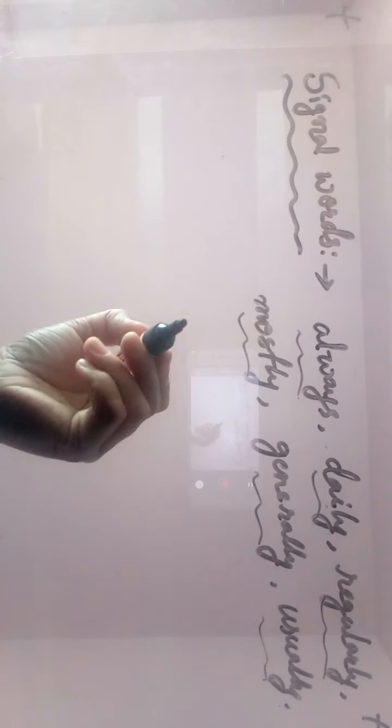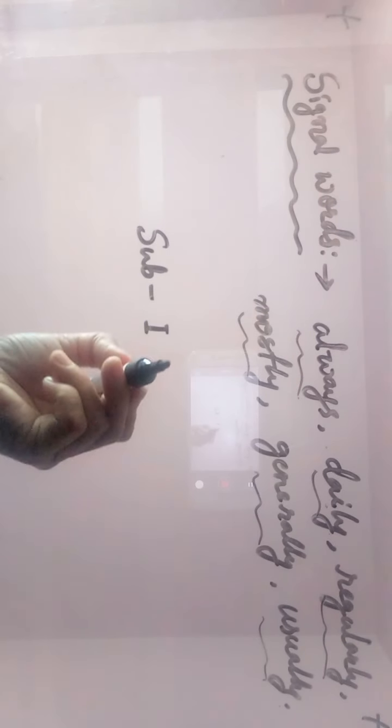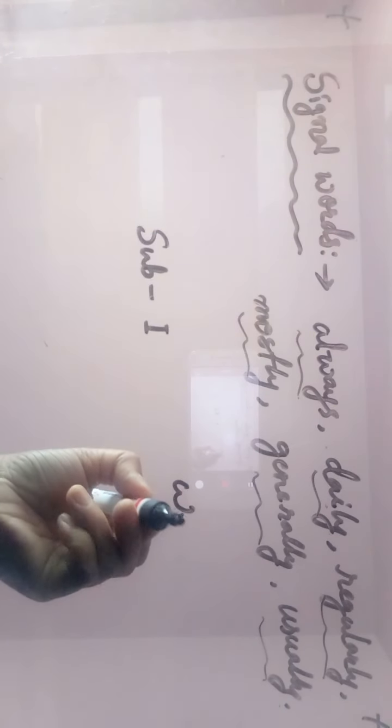Now we will learn the conjugation of the sentence. Conjugation means the sentence along with the subject. We have the subjects like that. Subject is I and we, first person.